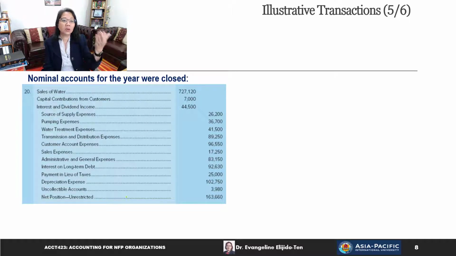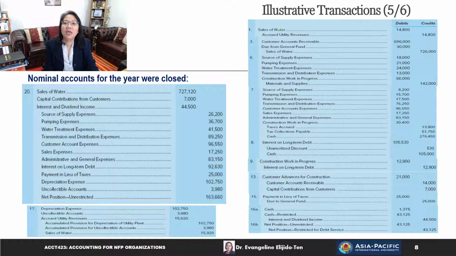All right, so sales of water will be debited by how much? Well, if you have a look at the journal entries that we have made, entries 3, 17, and 1 have sales of water. So these are the main ones.